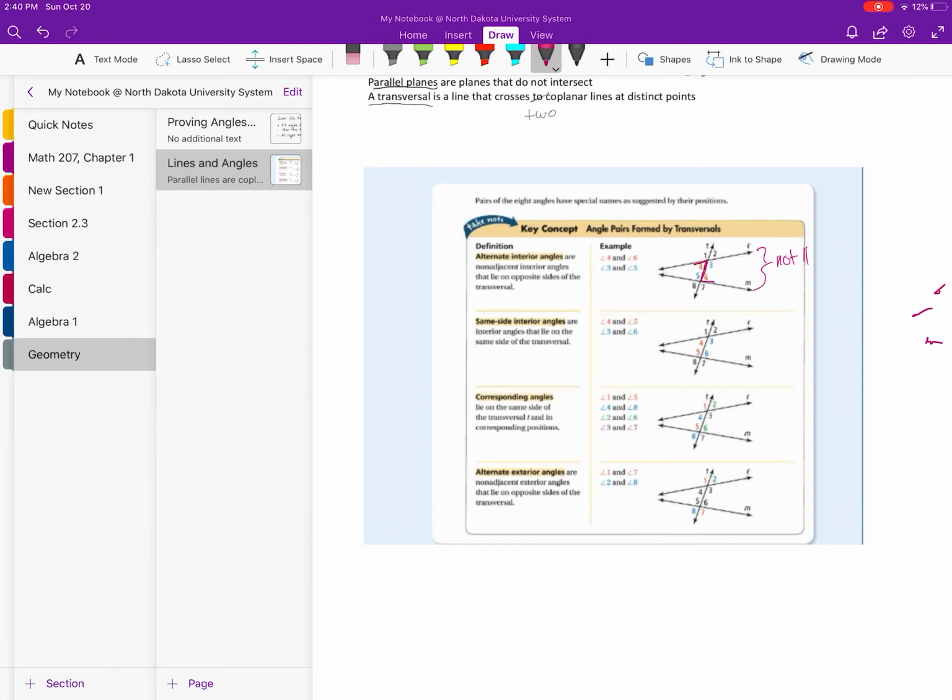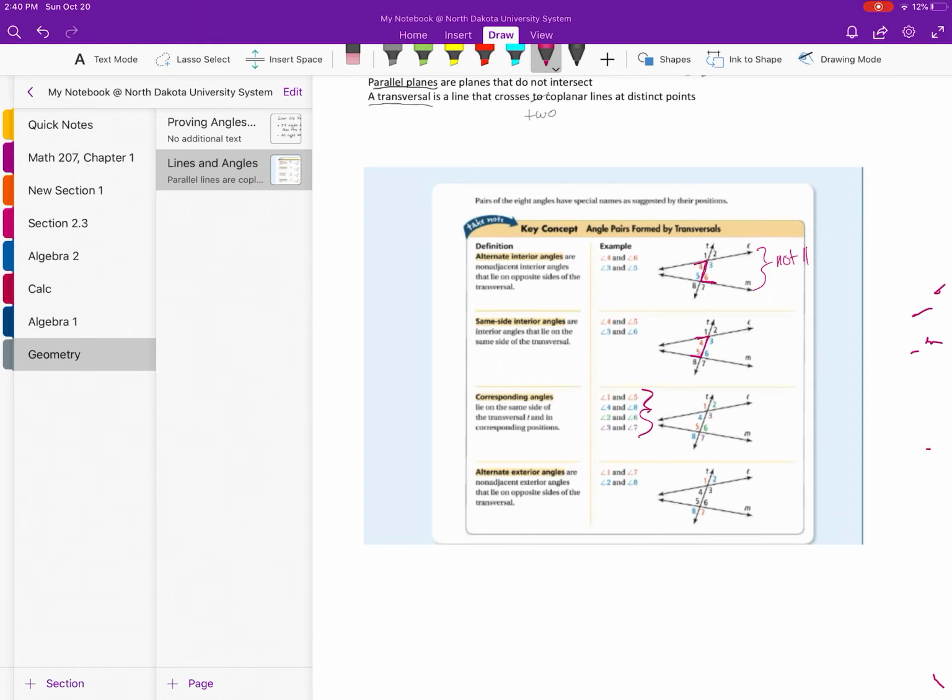Nice thing about alternate interior angles is they make a Z. Same side interior angles are easy to tell because, well, they're on the same side and they're on the inside. Corresponding angles lie on the same side of the transversal and in corresponding positions.